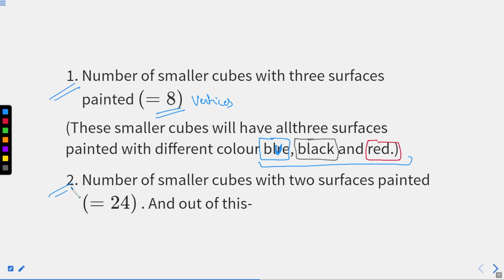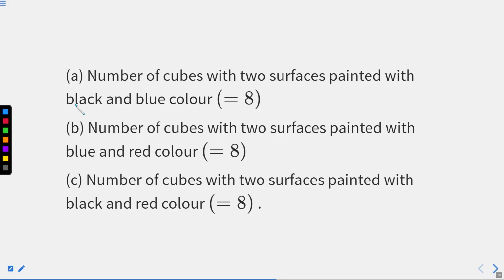Second part is we have to find smaller cubes with 2 surfaces painted, which are total 24 in number. Now we are supposed to find the number of cubes with 2 surfaces painted with black and blue color, because the total number is 24. Total how many colors are there? 3 colors. Simply divide by 3, you will get 8.